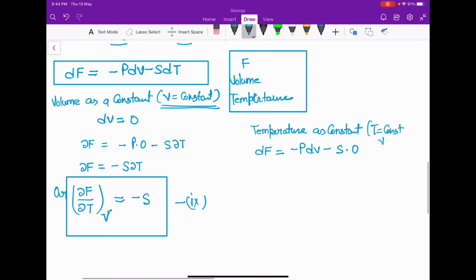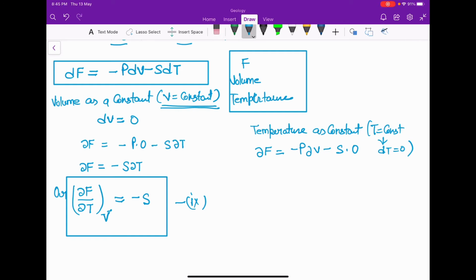So d will be converted into del, and del F equals minus p del V minus S into 0.